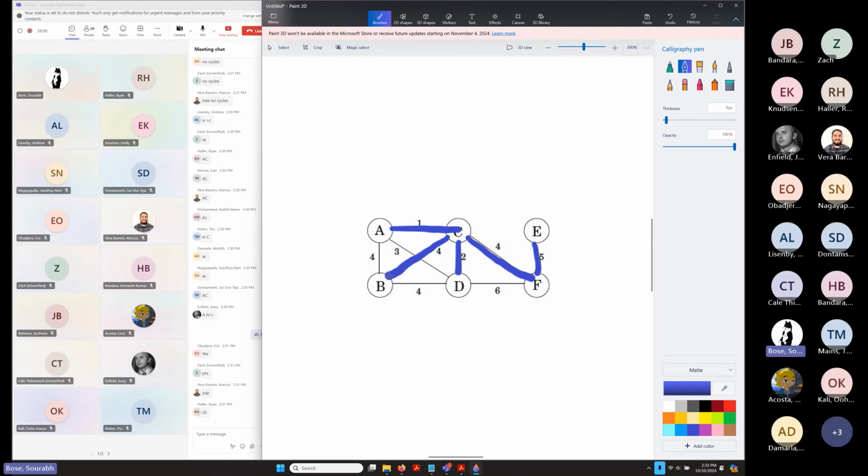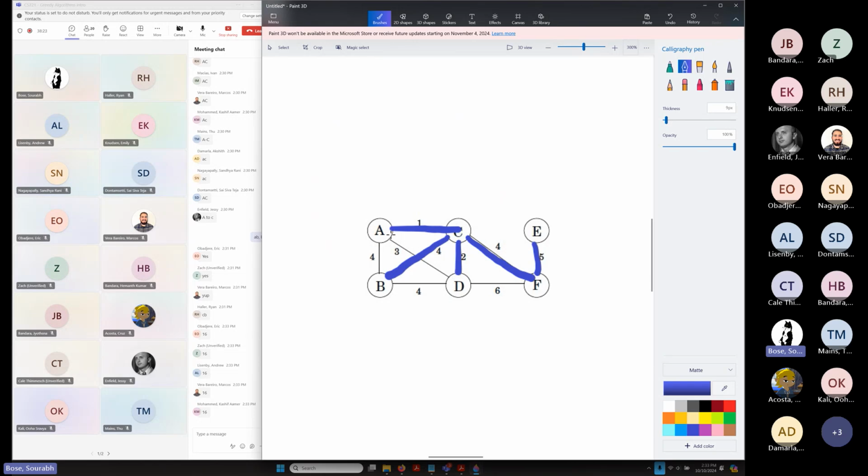Okay, so given this, can you guys tell me what is the total cost of maintaining this tree? Yep, 16, right?